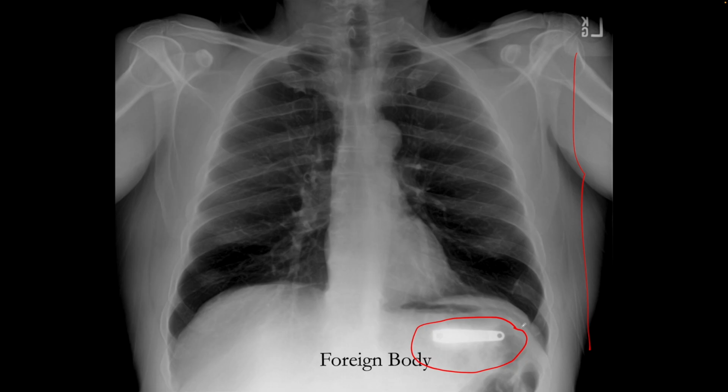Generally, these are patients who are mentally deranged or have a psychiatric condition, and most of the times they are not symptomatic, or the foreign body does not cause bowel obstruction. So the purpose of imaging is to identify the foreign body and over a period of time follow it through the bowel loop and make sure that it passes through their rectum in a few days.